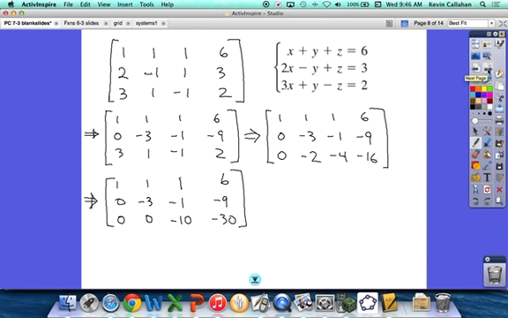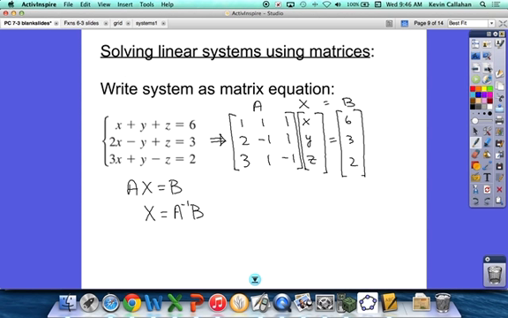But now we're going to learn the real reason that we learn matrices and systems of equations at the same time. If you want to solve linear systems using matrices, the first step is you've got to write your linear system as a matrix equation. We're not talking about the augmented matrix.